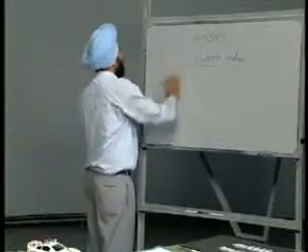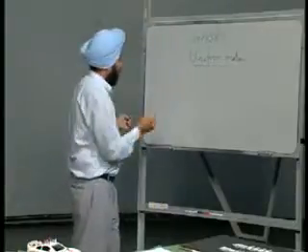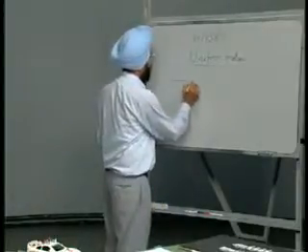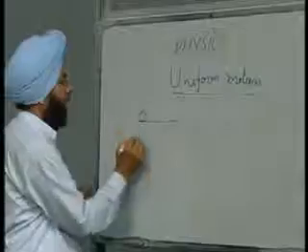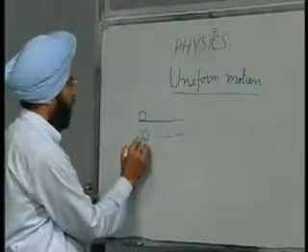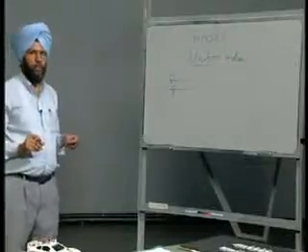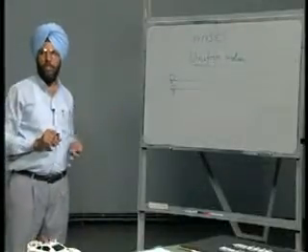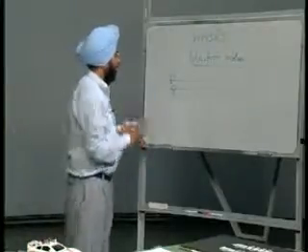Now, when we say a body is moving, this is body A, there is another body B. Which one of them is running faster? What is the quantity that will tell us which one of them is running faster?